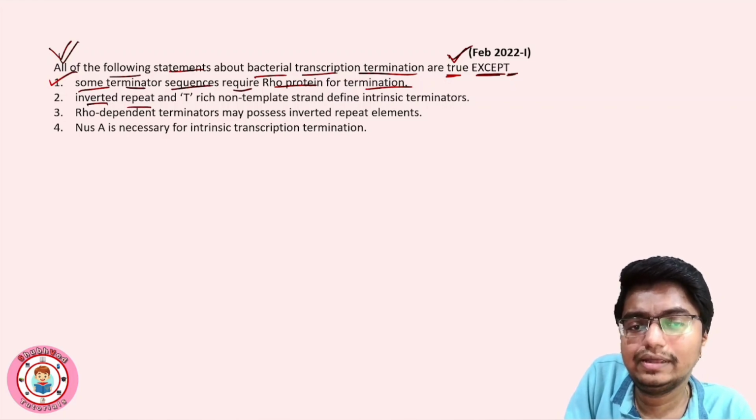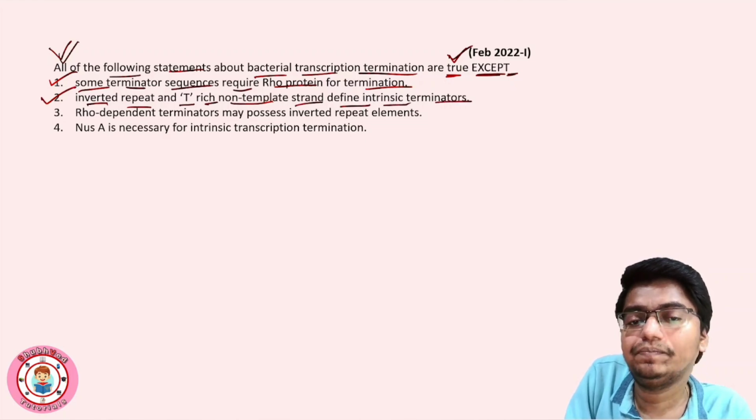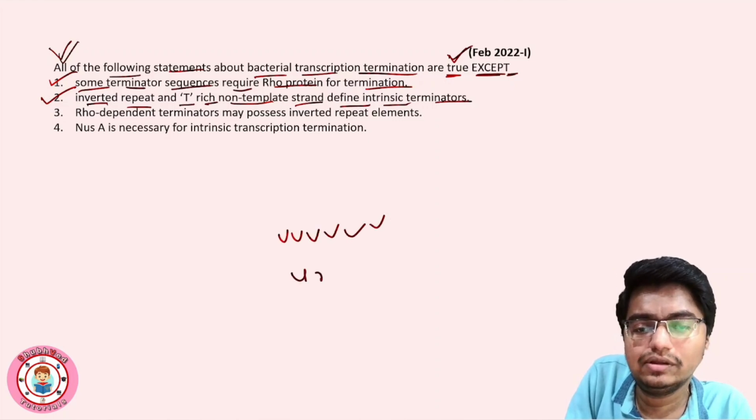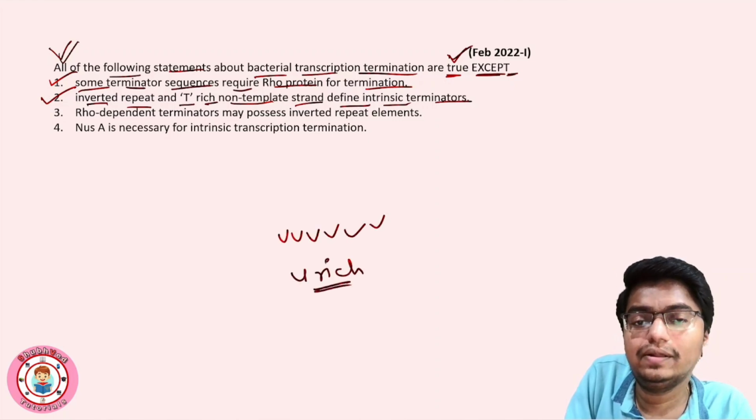Inverted repeat and T-rich non-template strand define intrinsic terminator. करेक्ट है ये भी. इन्वर्टेड रिपीट चाहिए and T-rich non-template strand मतलब कोडिंग स्ट्रैंड में T-rich region चाहिए. Okay, so that जो mRNA होगा उसमें U U U U U rich, right? U rich.